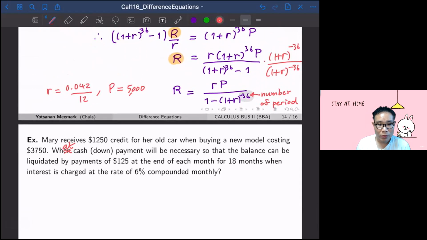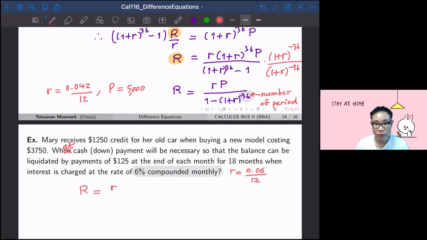So we'd like to know the loan that you have. In this case, it's going to be 6% compounded monthly. So you have your R equal to 0.06 over 12.